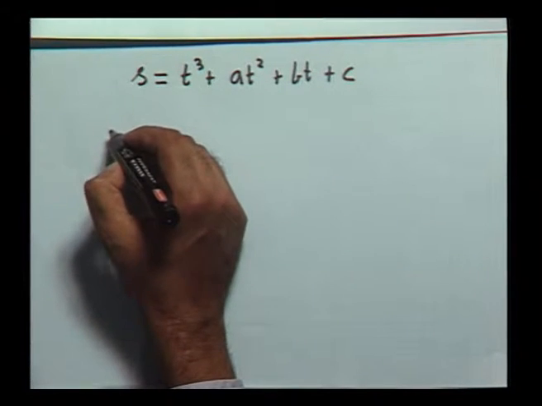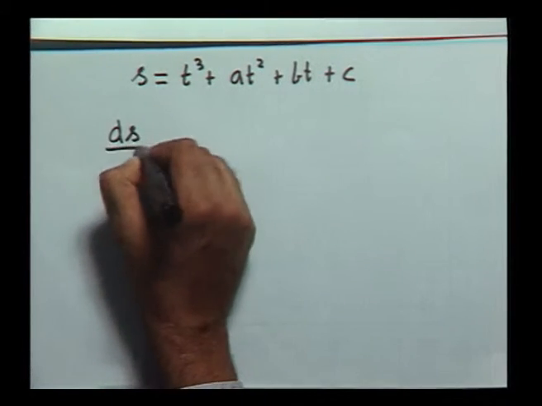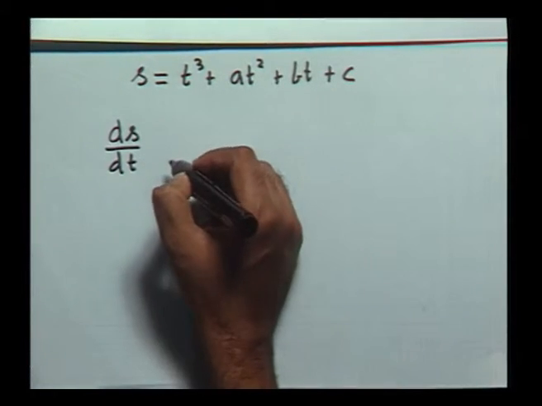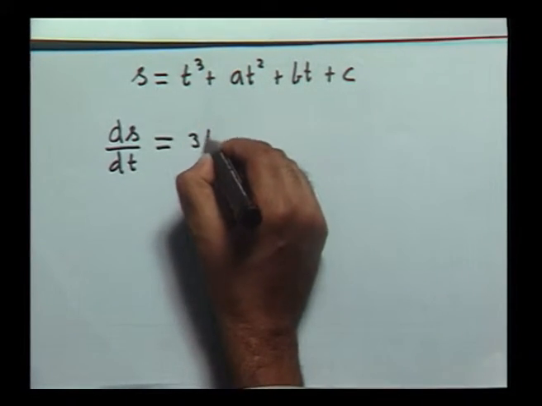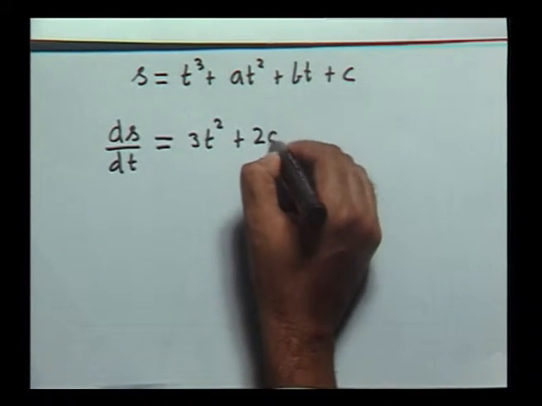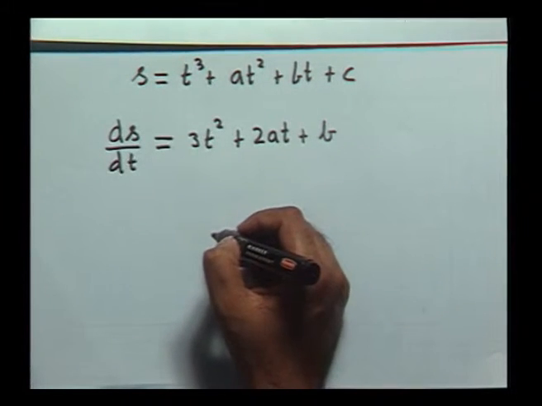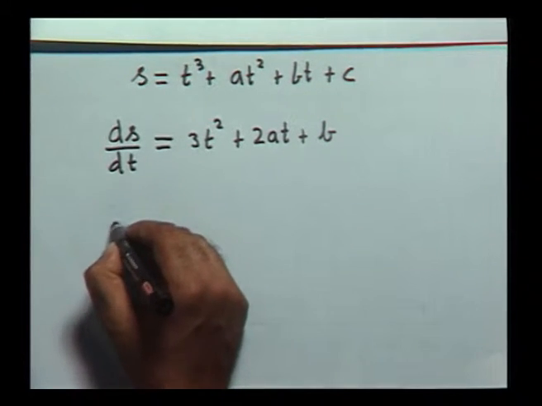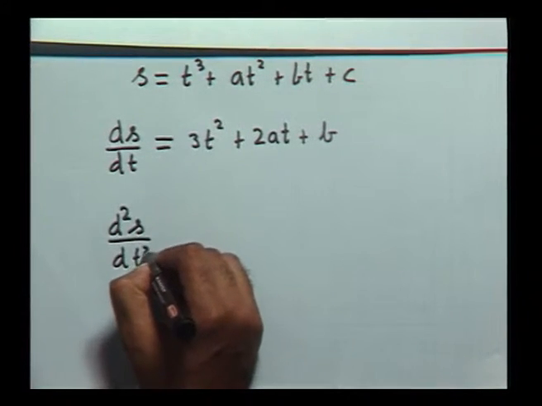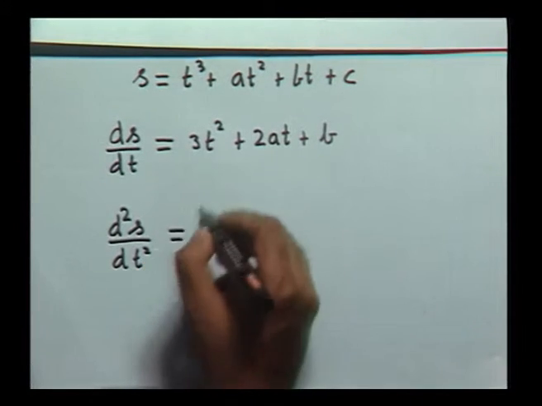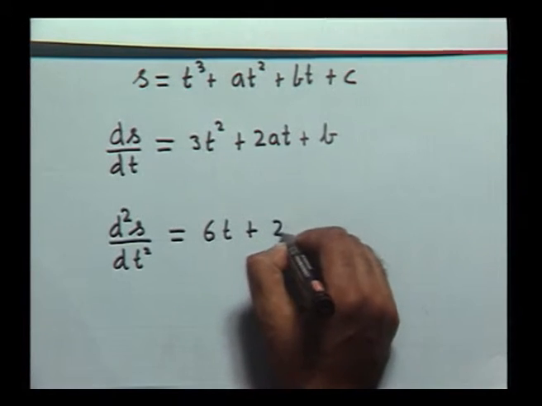Now, what will be the velocity? The velocity would be ds/dt at the instant of time t. By our knowledge of derivatives, ds/dt would be 3t squared plus 2at plus b. What would be acceleration? It would be the second derivative of s, or the derivative of velocity, d2s/dt squared. That is the derivative of this expression. That is going to be 6t plus 2a.